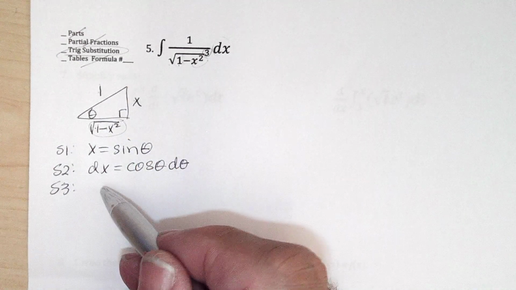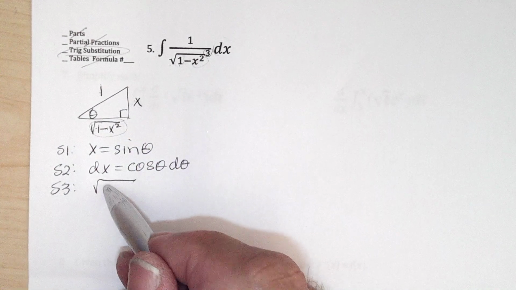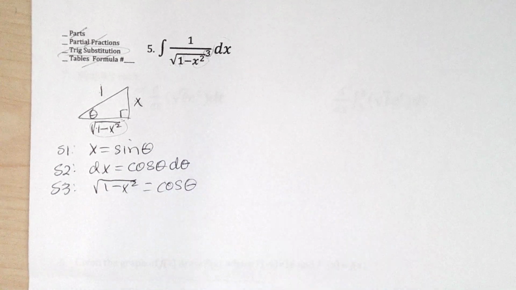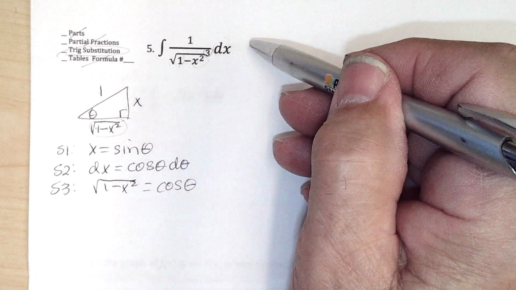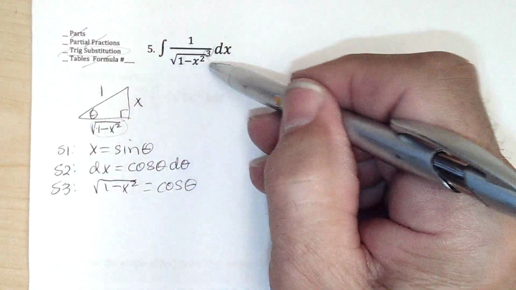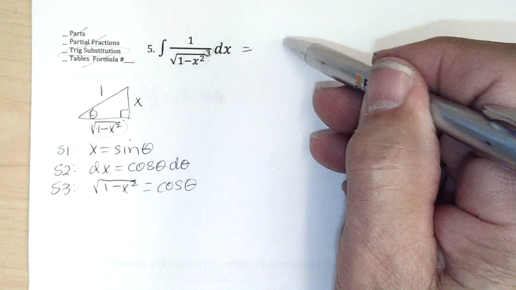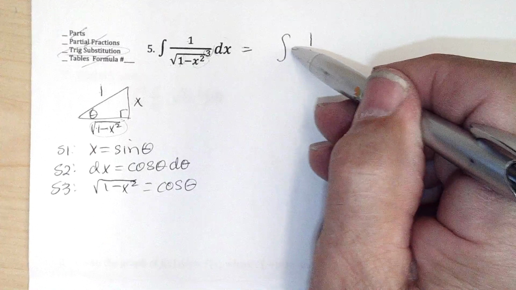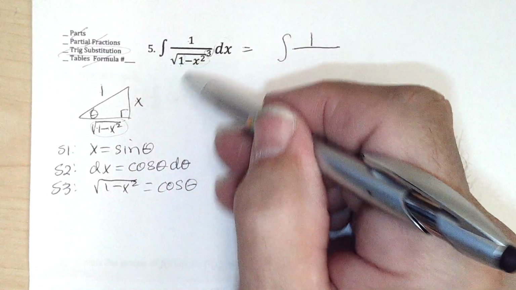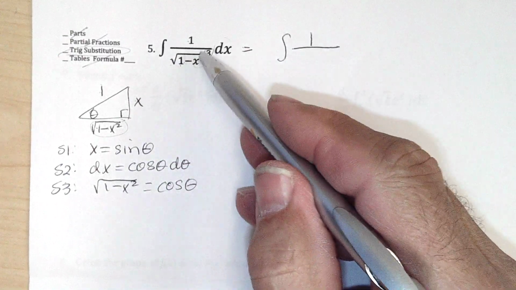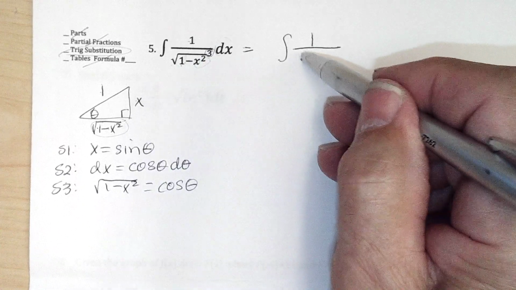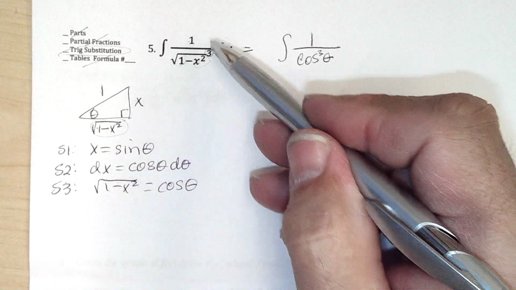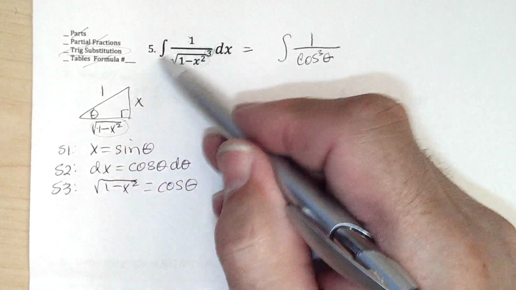Adjacent over hypotenuse is the cosine, so the square root of 1 minus x squared is the cosine of the angle. So now I'm going to replace all the pieces. I have the integral. 1 is fine to keep. The square root thing is cosine theta cubed.